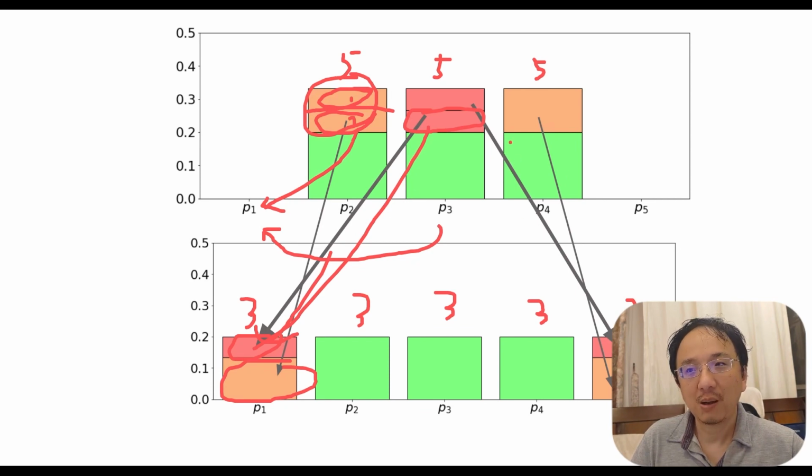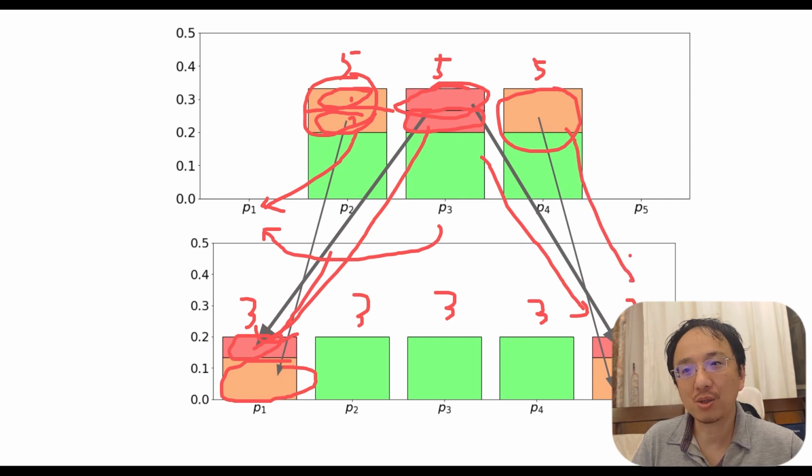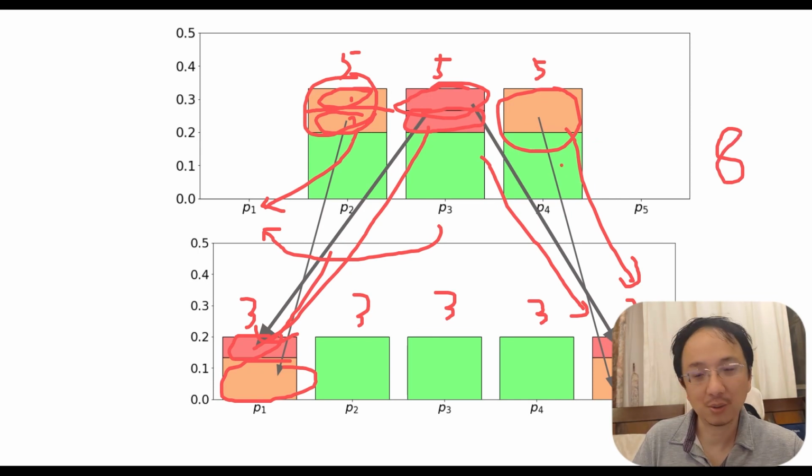And then the other way is symmetric, because we have to move these red guys to here in 2 positions. So the cost is 2. And 2 boxes, 1 position. So the cost is still 2. So the total cost is 8: 4 plus 4, or 2 plus 2 plus 2 plus 2.